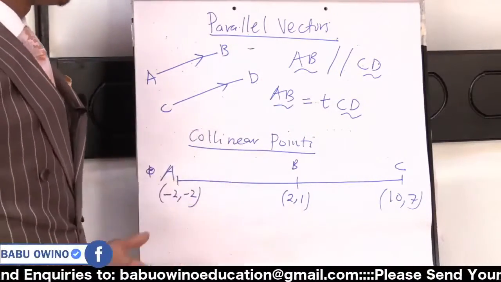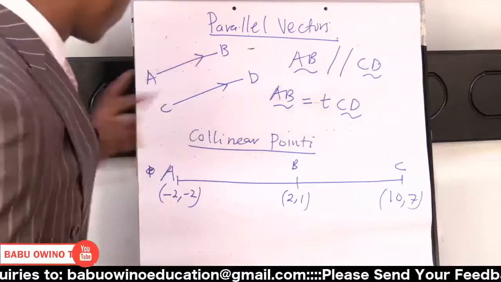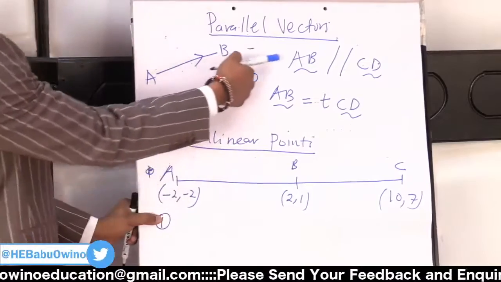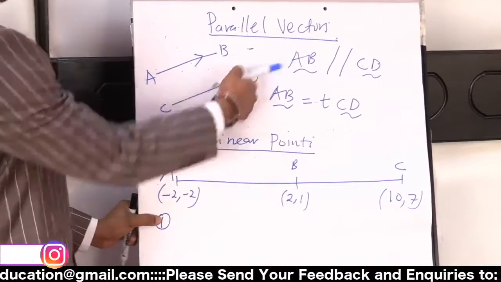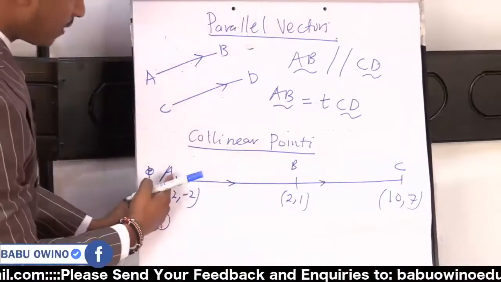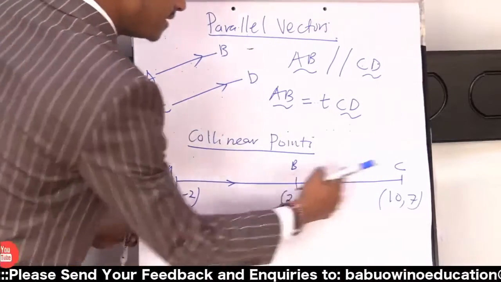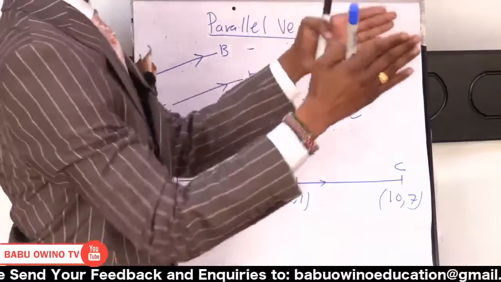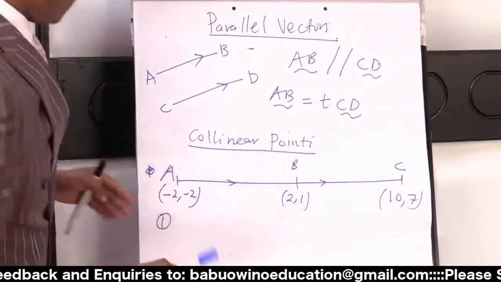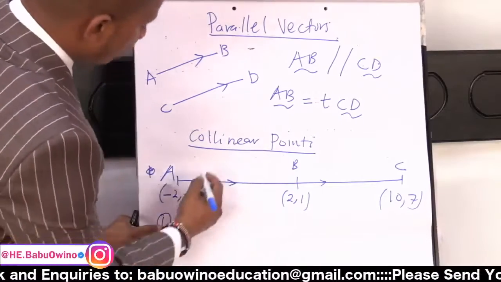So for them to lie on the same line, you will prove two things. The first thing that you will prove is that they are parallel. Line AB is parallel to line BC because they are moving in the same direction. Okay? So, number one, we prove that they are parallel.